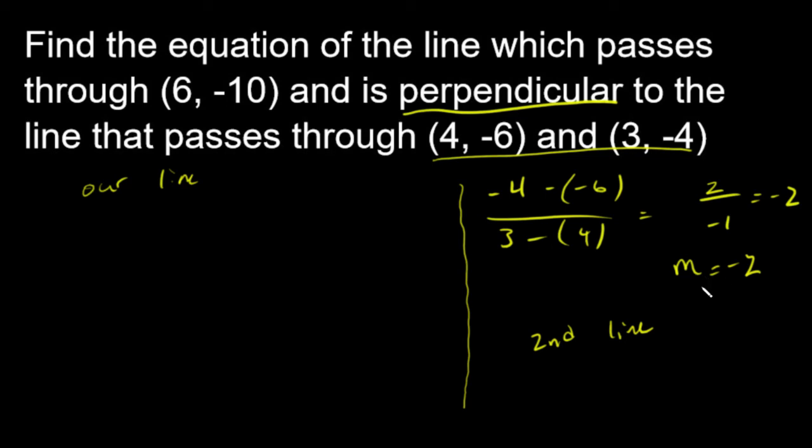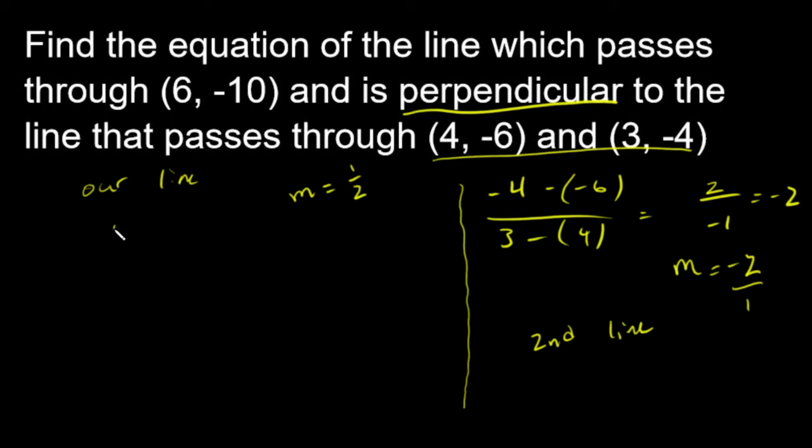The word opposite means it changes sign. So instead of -2, it is now +2. Then the reciprocal flips the fraction. So it's 2 over 1 right now. So it becomes positive because it's the opposite, and it becomes 1/2 because it's the reciprocal. So the slope of our line is 1/2.